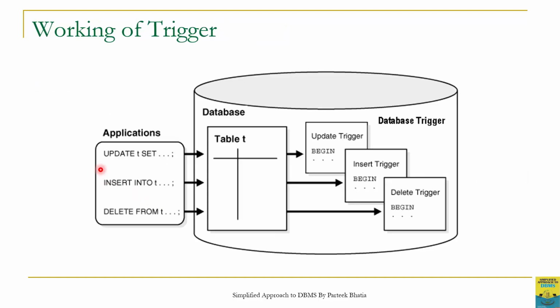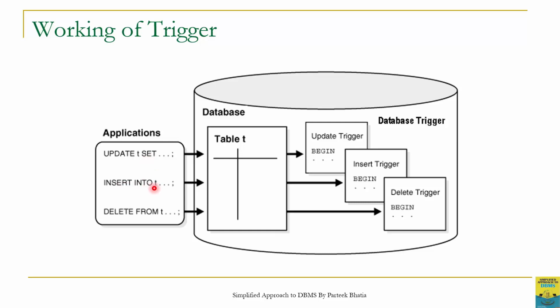This concept is further illustrated in this figure. Here the user is executing an update or insert or delete statement on a table T, and this is table T. So whenever an insert, update or delete statement is issued on this table, the corresponding database trigger, which is written for update, will be executed or fired when a user issues an update statement.